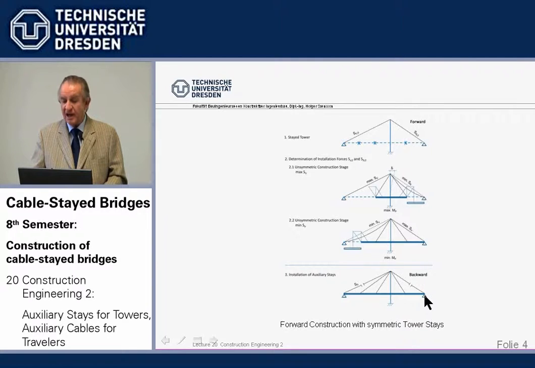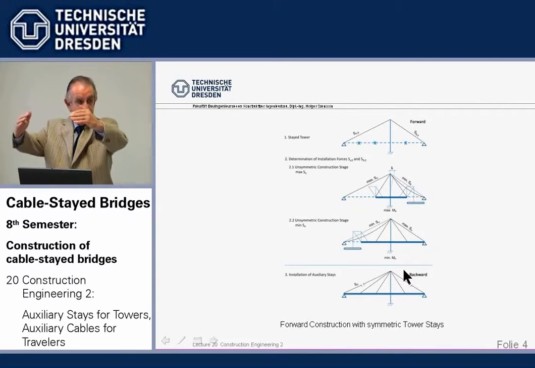And now in our backward calculation we can install the auxiliary backstay and tower stays with the force we have calculated from the condition of lifting left or right.